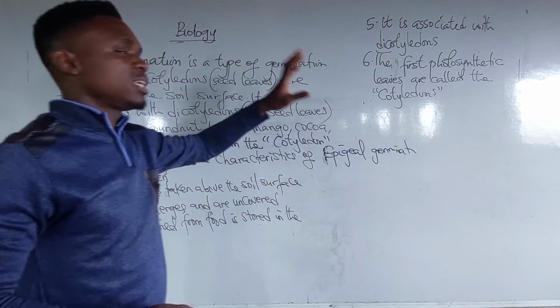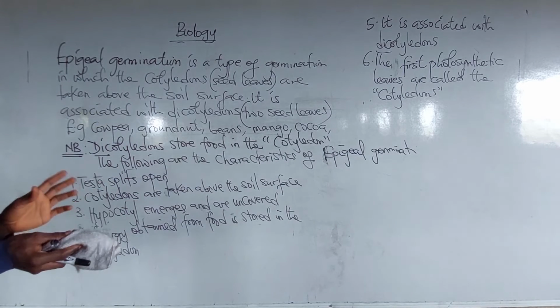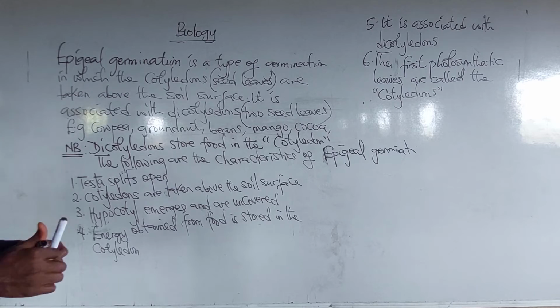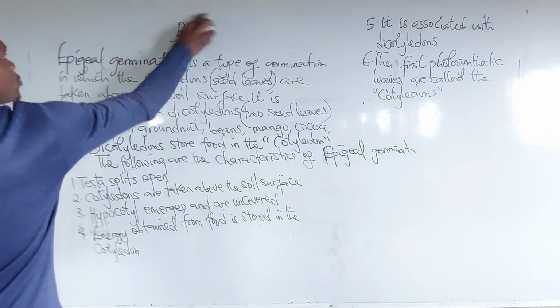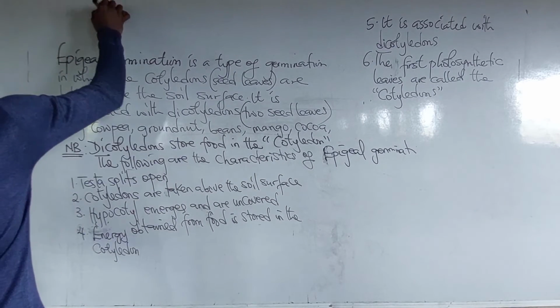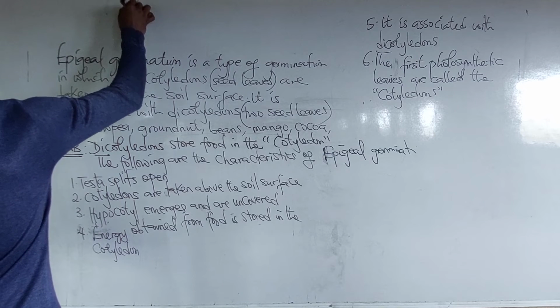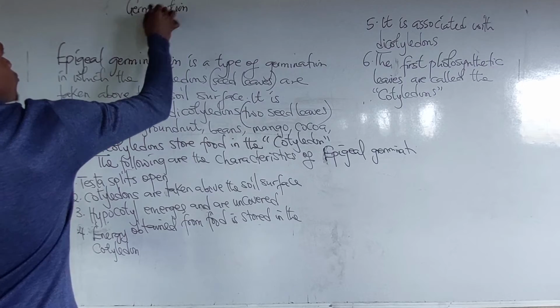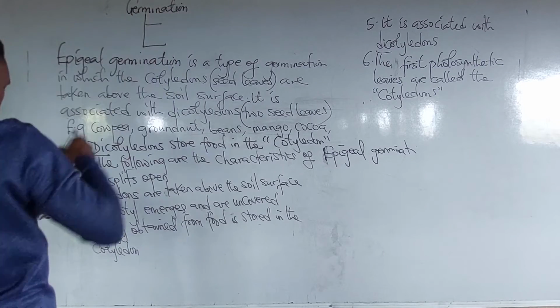You have them here. In case they ask you, give 5 differences between epigeal germination and hypogeal germination, this is what you are going to do. Now types, I told us. Now germination, so there are 2 types.